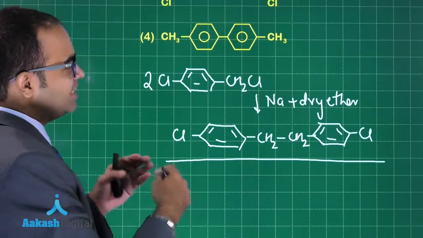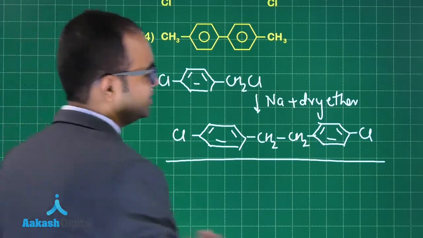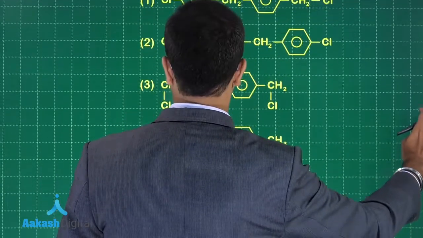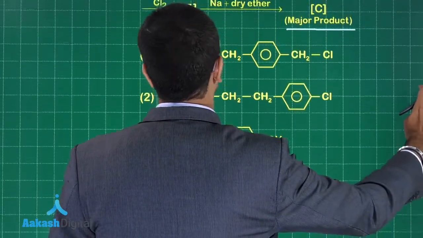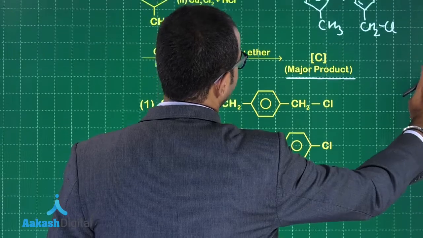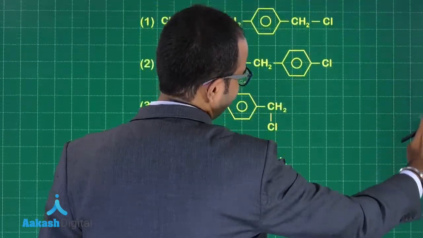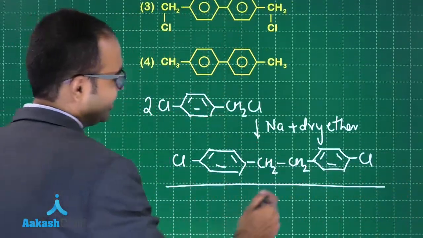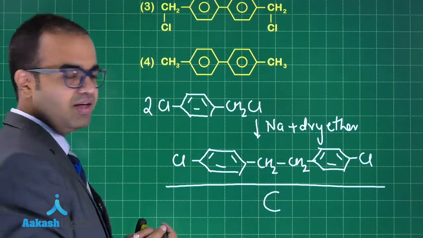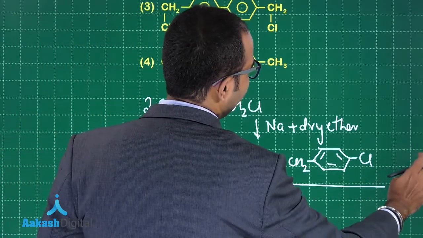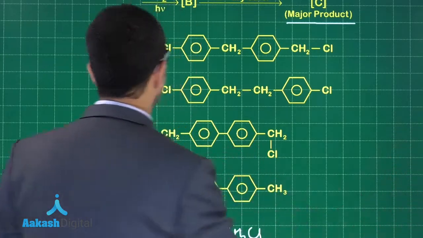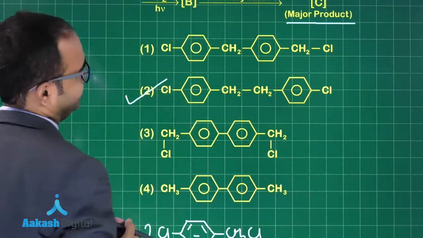Now let us match it with the options that are available to us. Okay. So what do you think is the answer, guys? We have seen what is A, what is B, and what is C. This is our compound C, right? So the final answer is option 2, guys. Okay.